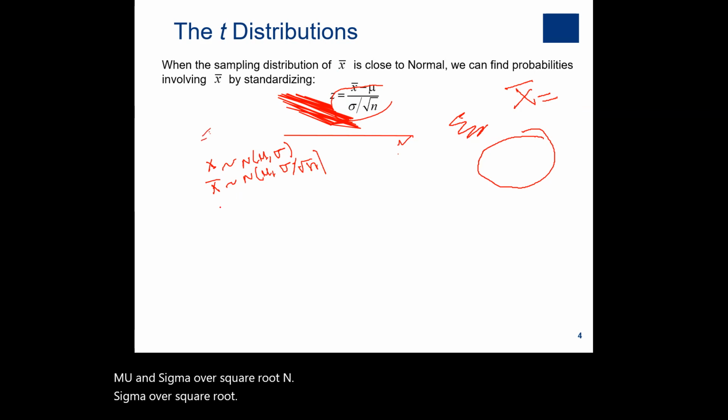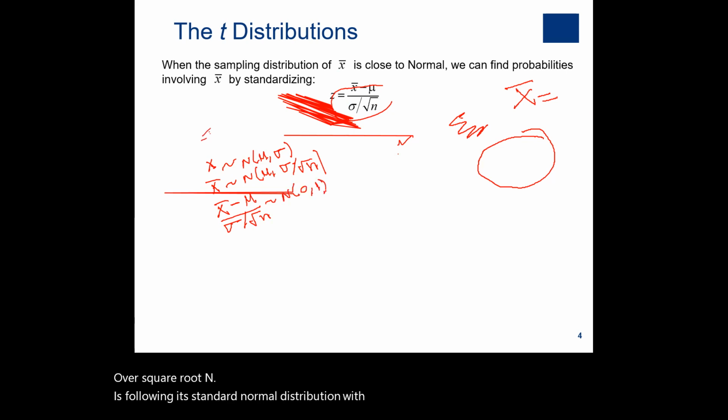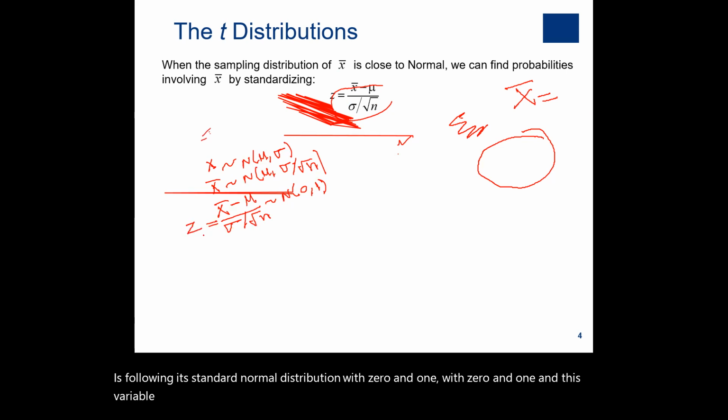Then x bar minus mu over sigma over square root n follows a standard normal distribution with 0 and 1, and this variable z follows a normal distribution with 0 and 1.